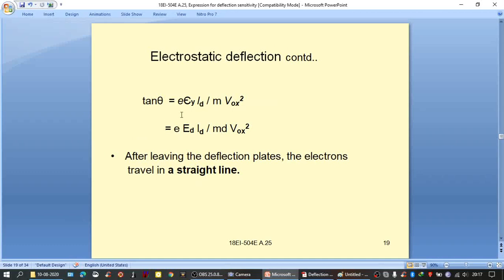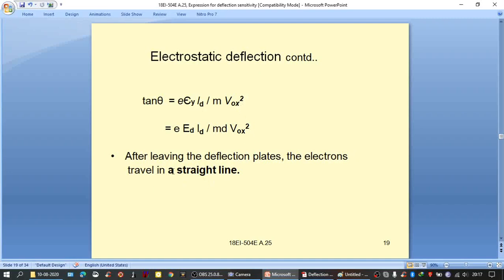Then tan theta is equal to E Ey, in place of x we write LD, by m V0x square. So this is tan theta, that is the slope of the parabolic path of the electron beam at the point of leaving, caused by the electric field of the vertical deflection plates.